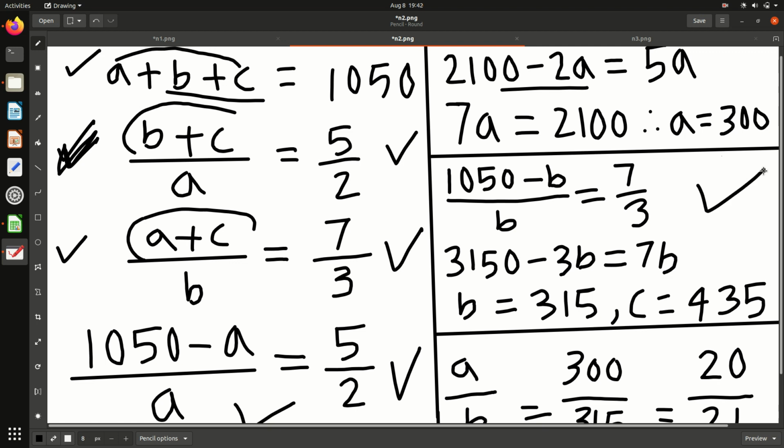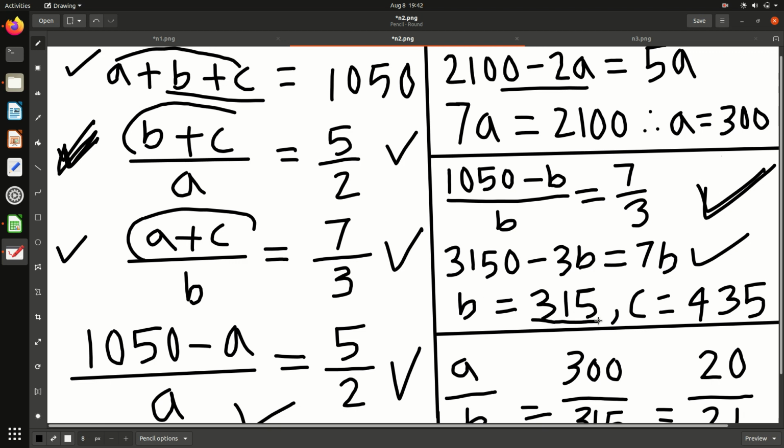So a plus c will be replaced with 1050 minus b, and then divided by b is equal to 7 by 3. Now everything is in b only, so we can easily get the value of b. So just do cross multiplication. So it will be 3150 minus 3b equals 7b. So this 3b will go right hand side, so 10b is equal to 3150, so b equals 315.